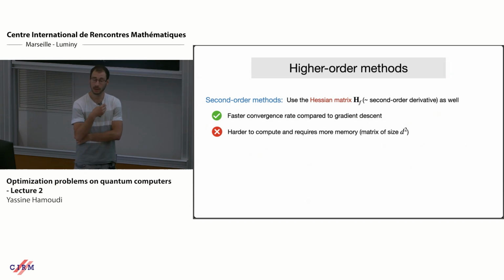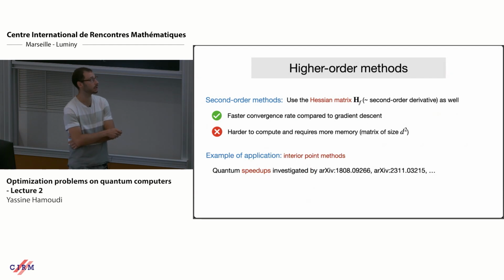In terms of time complexity it can be better, but in terms of space complexity, this kind of second order method can be limited by the size of the memory. There have been a few papers recently that tried to accelerate second order methods using quantum computing. For instance, the interior point method has been looked at in these references.